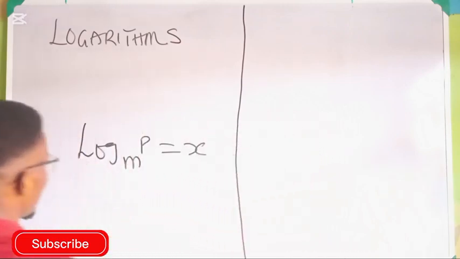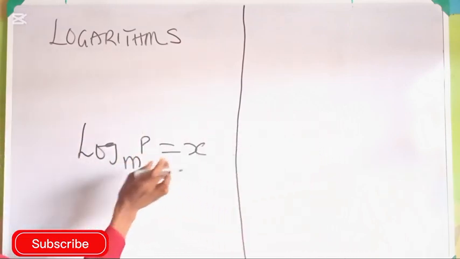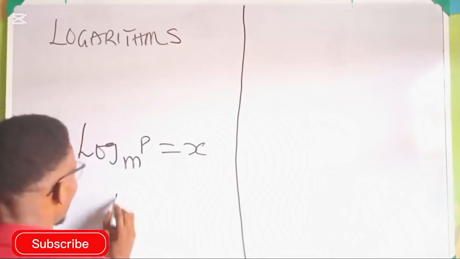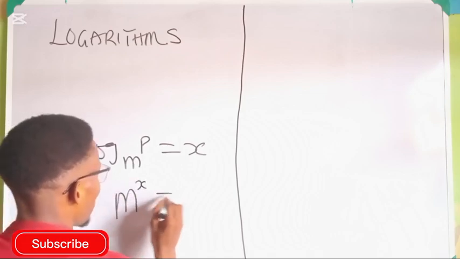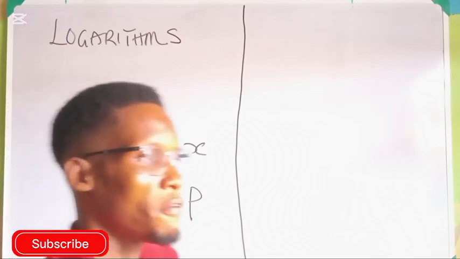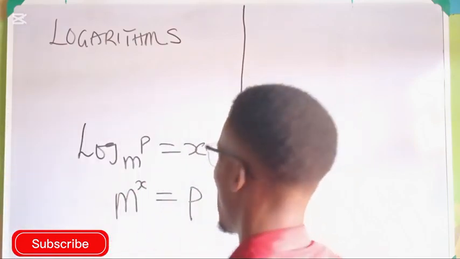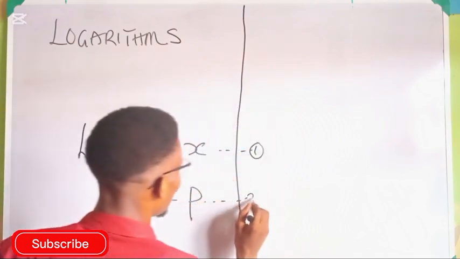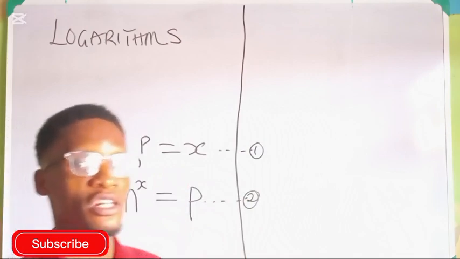So let's write it based on the definition I've given to you, which is m raised to the power x is equal to p. The first, we call this the logarithmic form. This is equation 1. Then equation 2, we say it is in its index form.